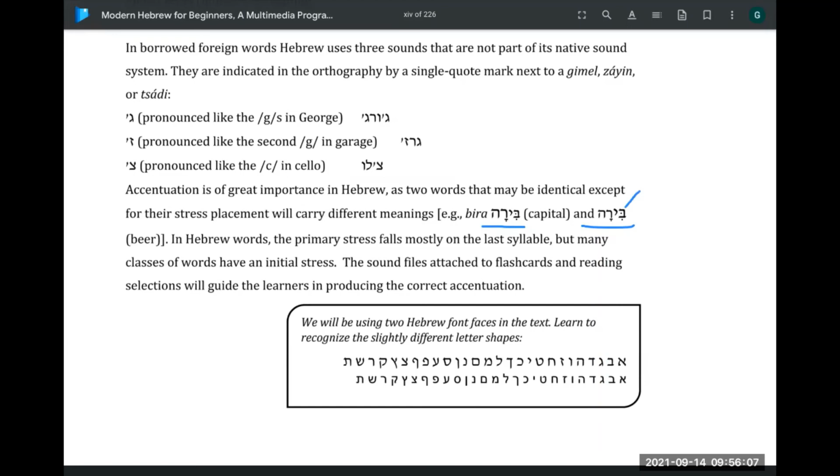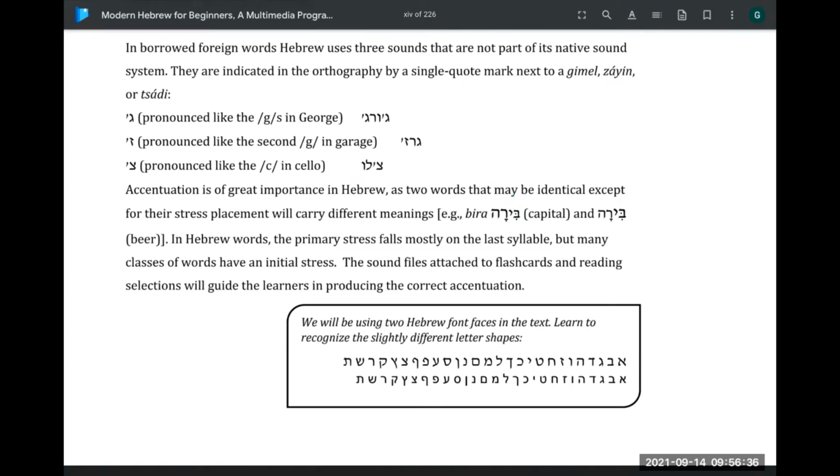This would be capital, and then bira, beer. Okay, notice this is a little bit smaller. This is a little bit bigger here. So in this case, there's stress depending on whether it's the final syllable or the first syllable. Normally, it's the second syllable. It's that part there. Okay.